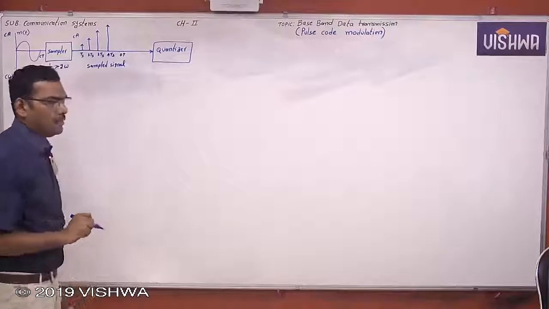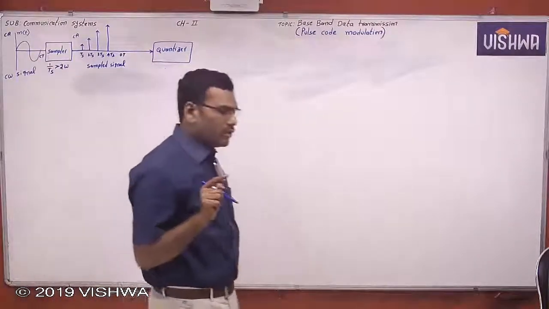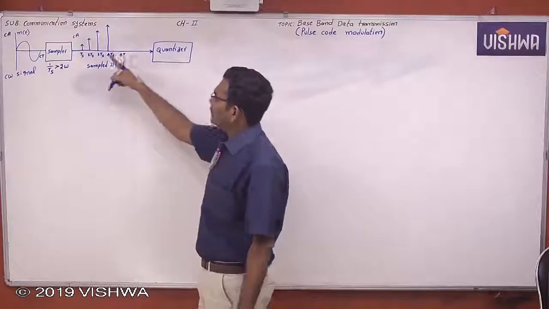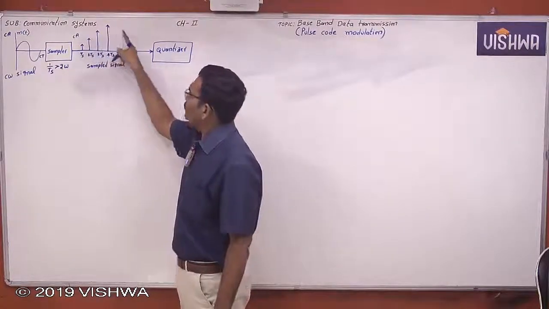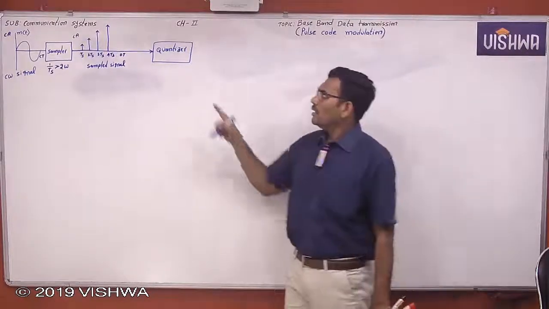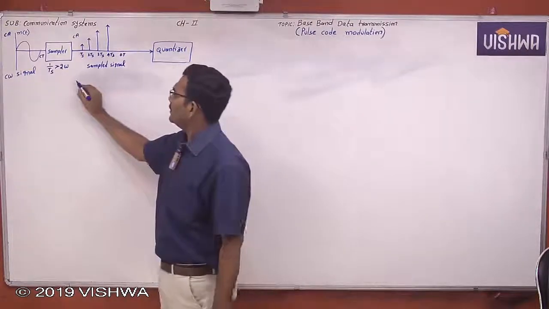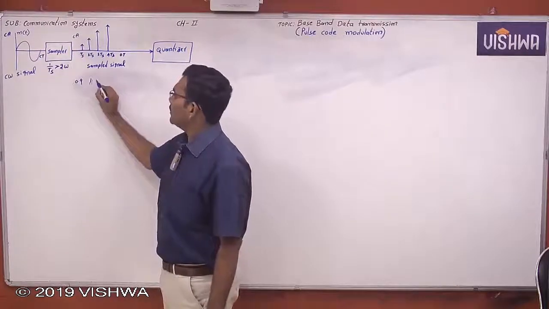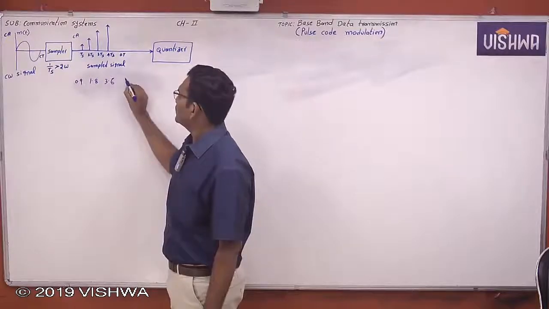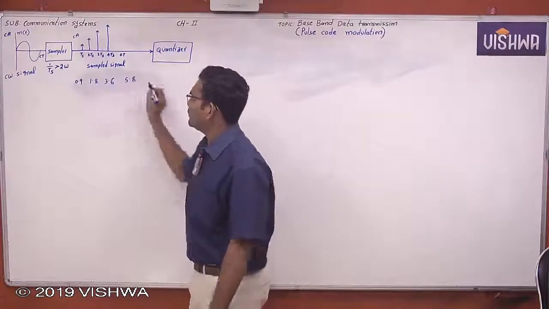See here, the quantizer is used in the transmitter to round off the sample values to the nearest quantization level. What is the meaning of that? Let us take here this is 0.9, here 1.8, here 3.6, and this is 5.8, for example.